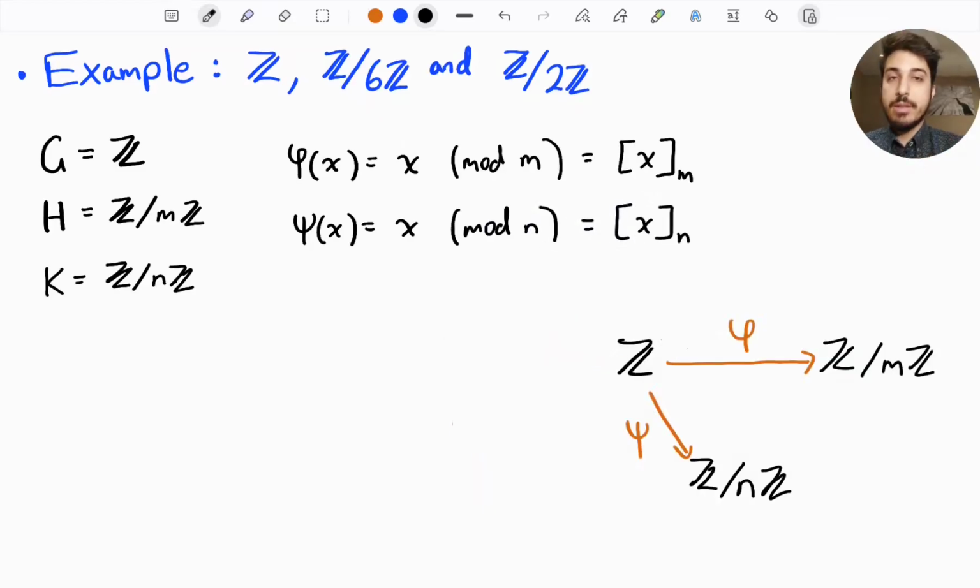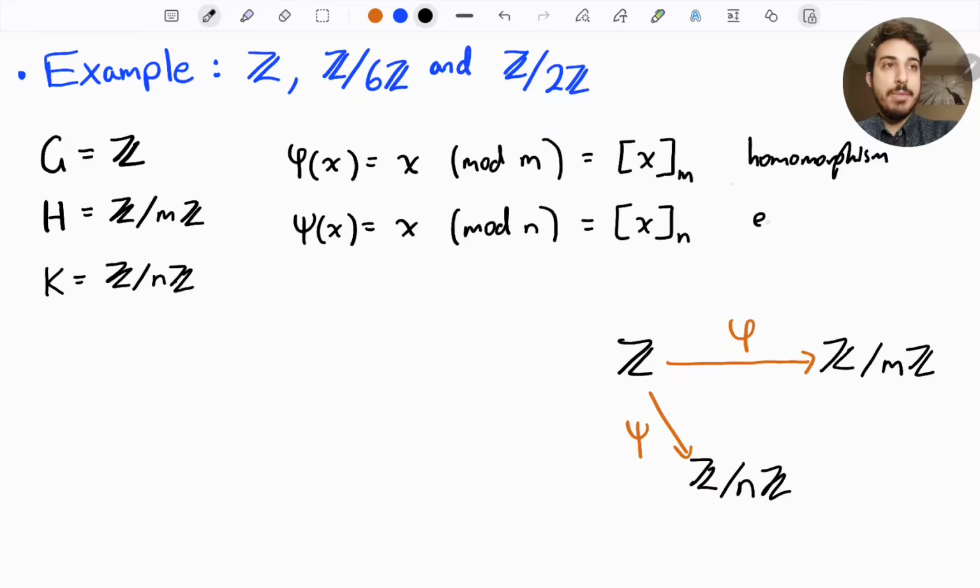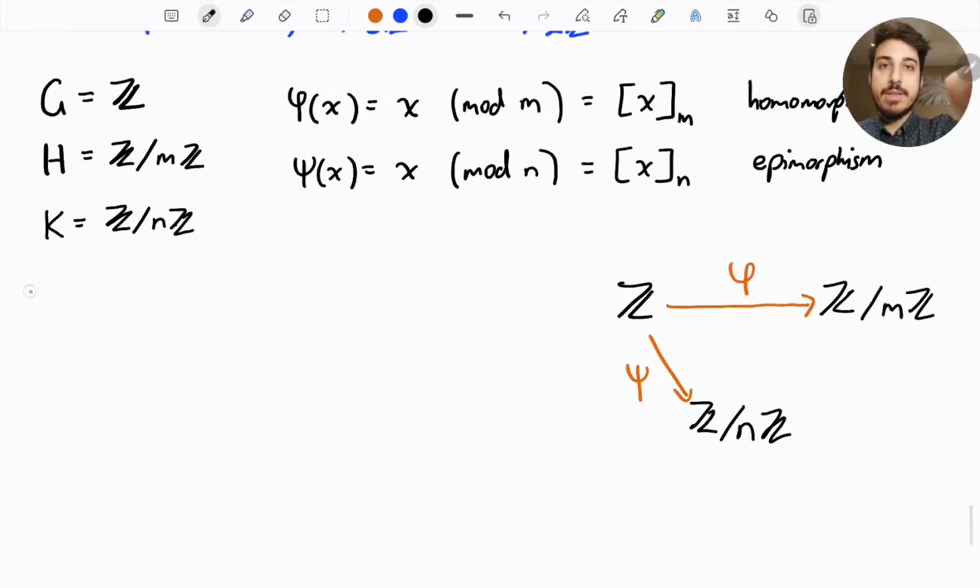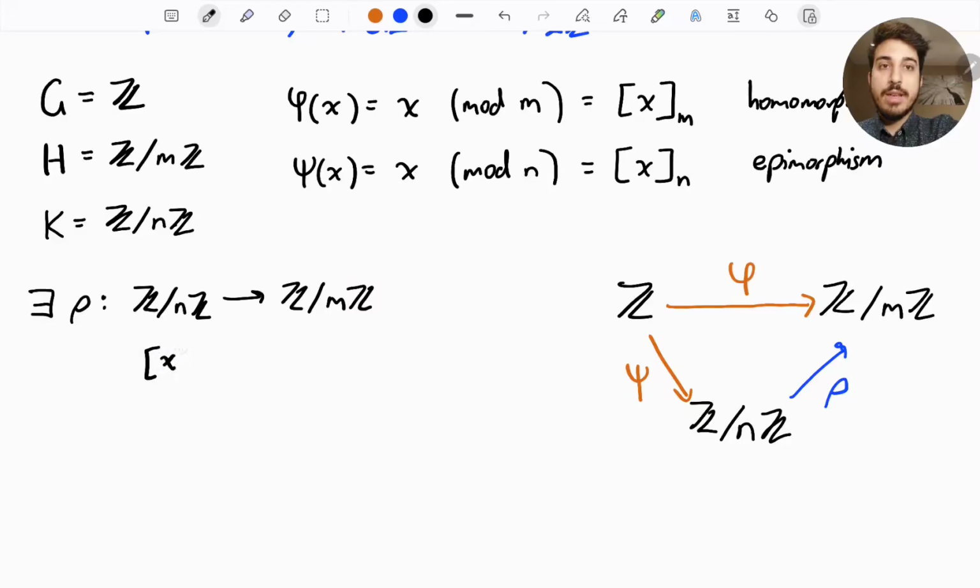Using now the fundamental theorem of homomorphisms, we know that since phi is a homomorphism and psi is an epimorphism, we have that there exists a rho between Z/nZ and Z/mZ, defined to be taking the integer x mod n, giving us x mod m. And this is exactly the definition of phi of x.